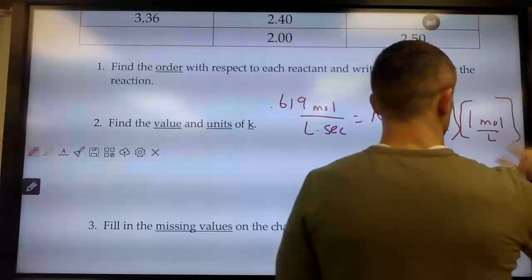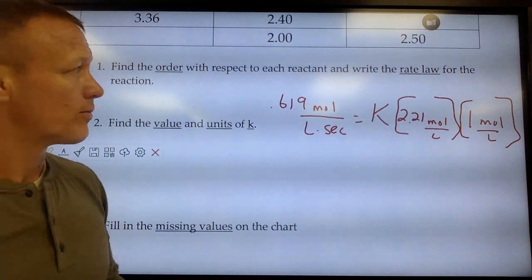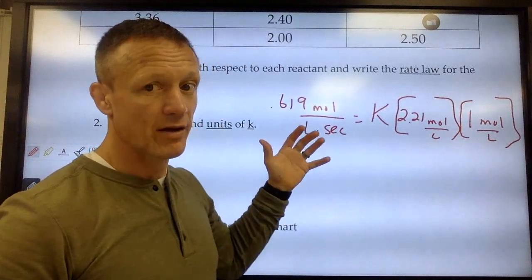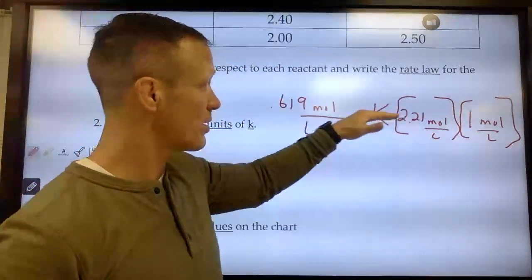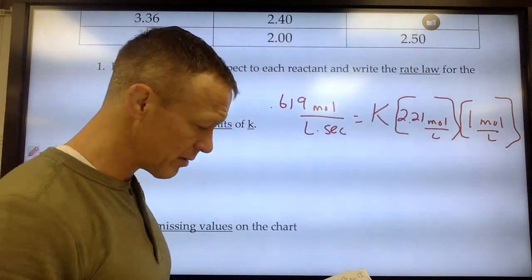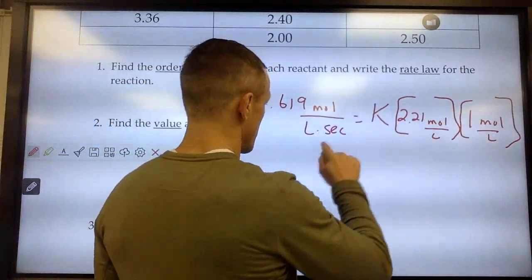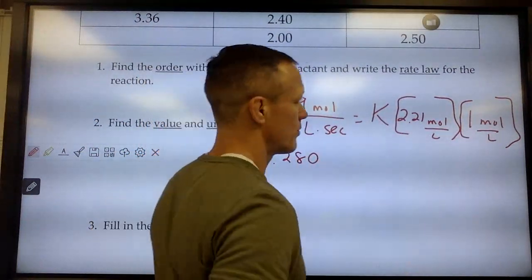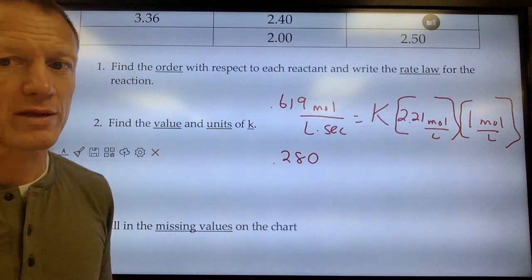So we need to multiply those, which is going to be 2.21, and divide this side. Okay, that's pretty easy. So we're going to end up taking 0.691 divided by 2.21. That ends up being 0.280.